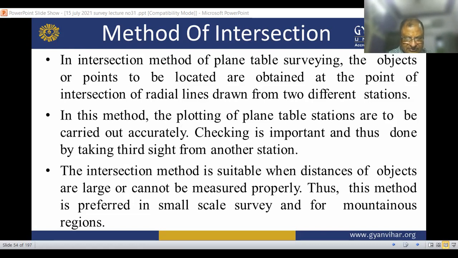The intersection method is suitable when the distance to the object is large, and thus the method is preferred in small scale survey and maintenance.